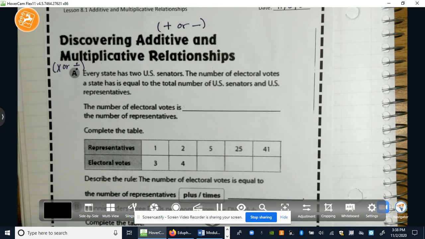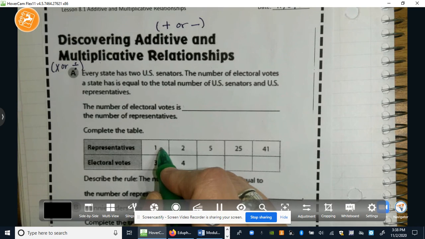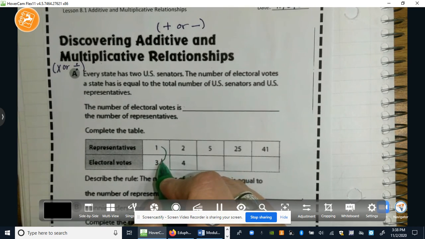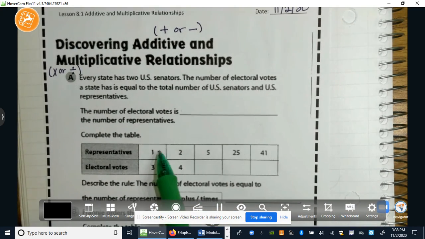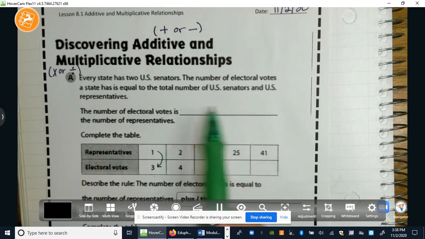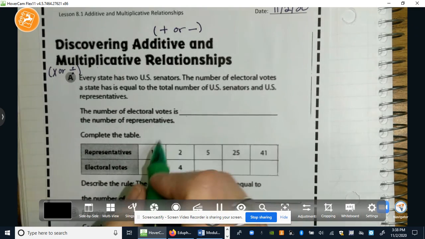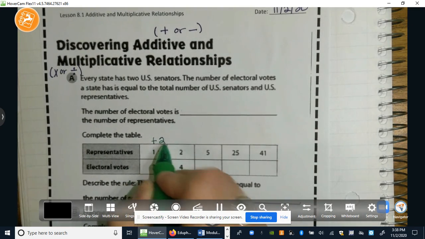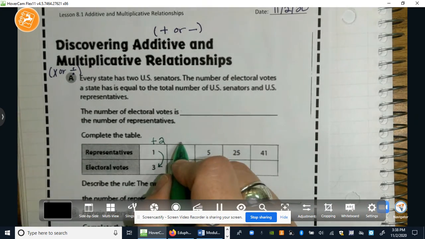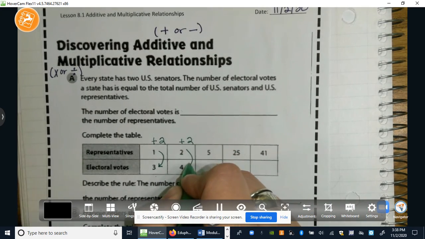So we've got to ask myself, what did you do to 1 to get to 3? Well, let's see. Okay, 1 times 3 gives me 3. Does that rule work? Well, 2 times 3 gives me 6, not 4. So that doesn't work. Well, 1 plus 2 gives me 3. 2 plus 2 gives me 4.